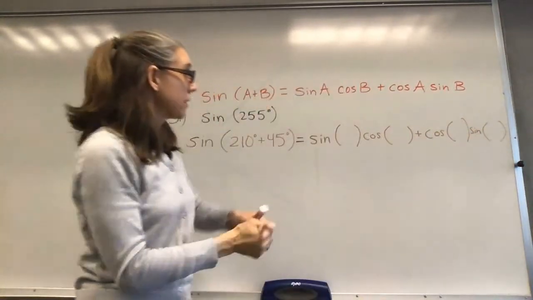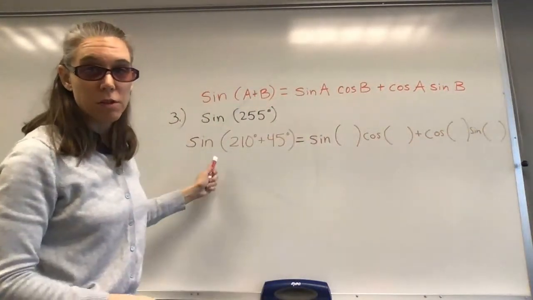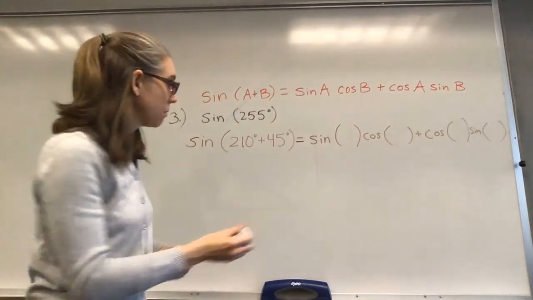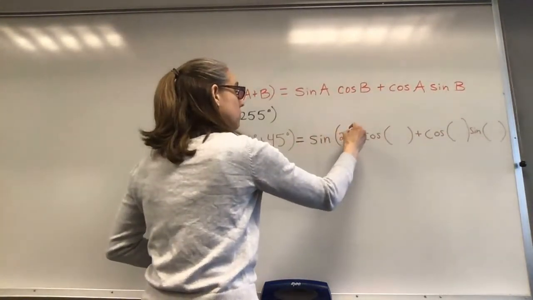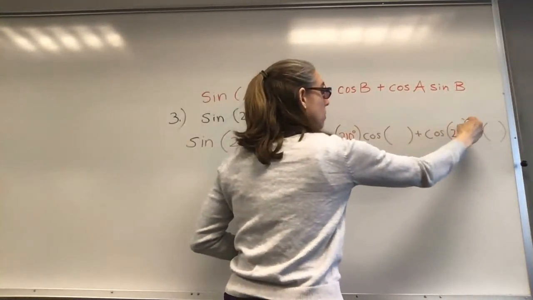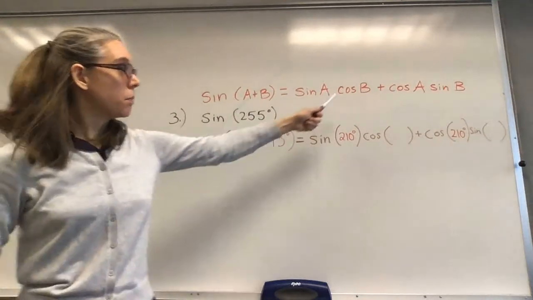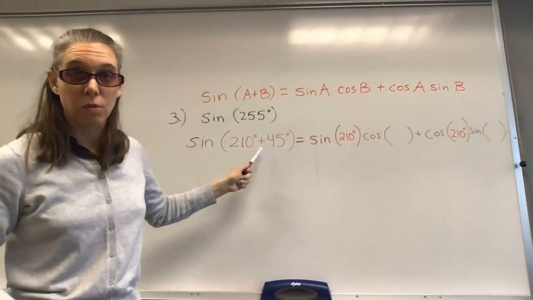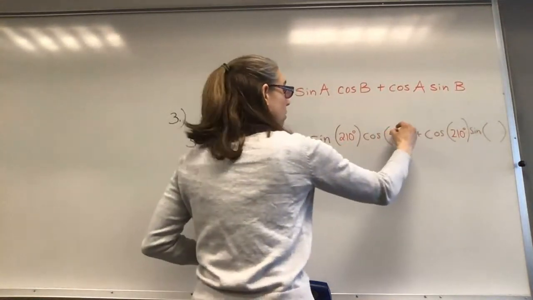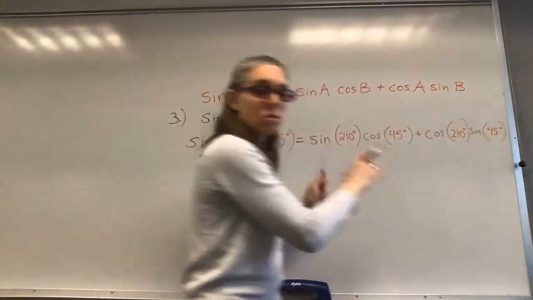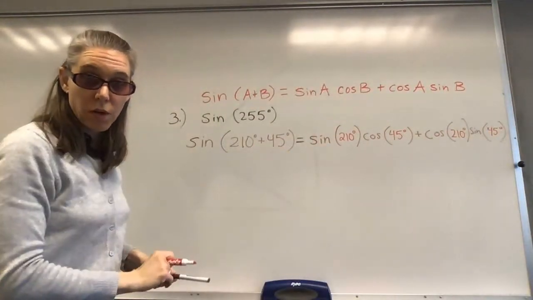So everywhere where I see an A refers back to the first of the two angles. In this case, it's 210 degrees. And everywhere where I see a B refers to the second of the two angles, in this case 45 degrees. So make sure you include that part of the work.